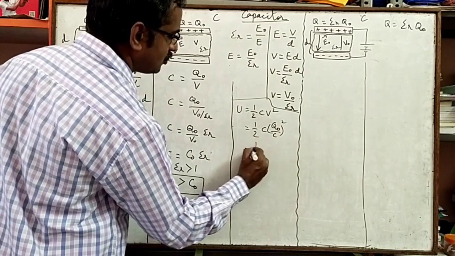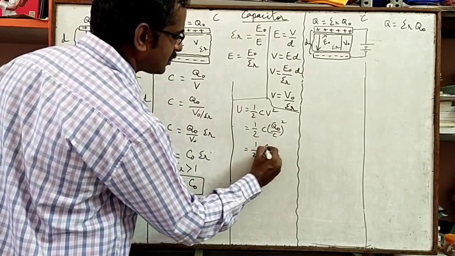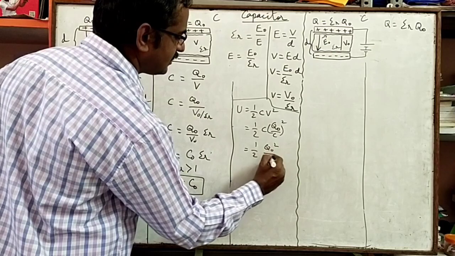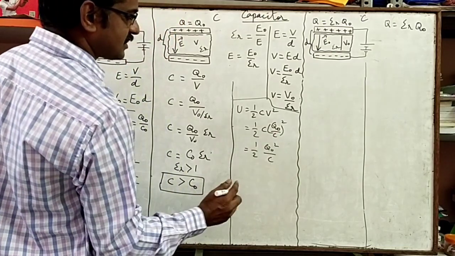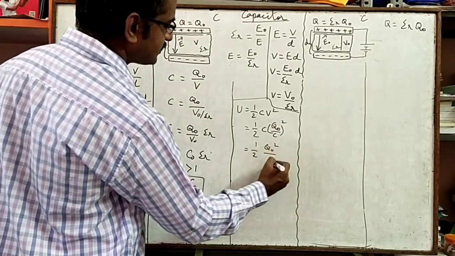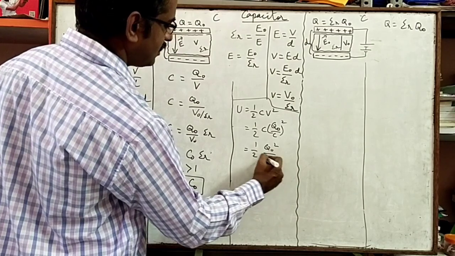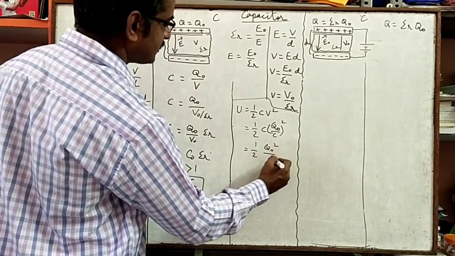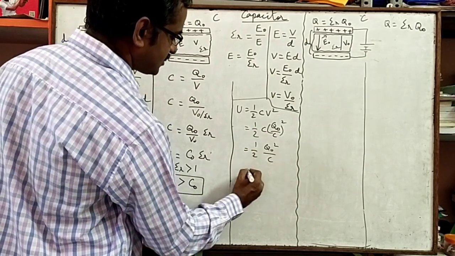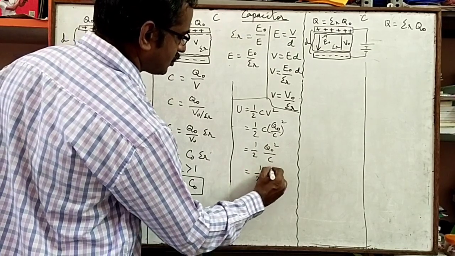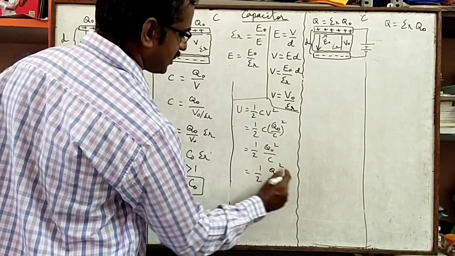That's equal to 1 by 2 Q naught square by C, because one C and C get cancelled. This is U, and that's equal to 1 by 2 Q naught square by C.